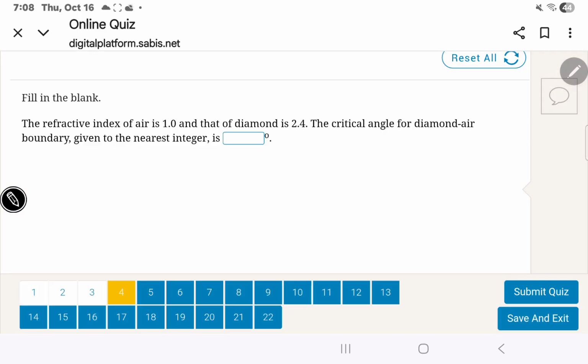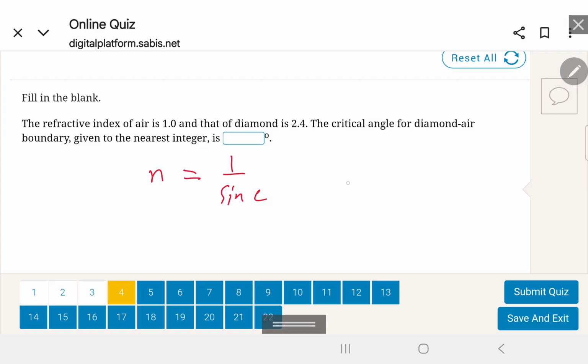Number 4. The refractive index of air is 1 and of diamond is 2.4. What is the critical angle for the diamond-air boundary? To find the critical angle, we can say in this case, refractive index is 1 over sine critical angle. So 2.4 is equal to 1 over sine critical angle.